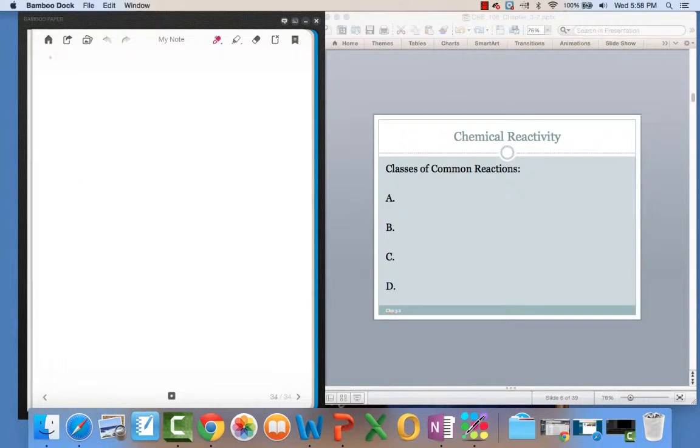Now, your book doesn't go into this in this unit, but I really think it's important as we start to do the math that we have a solid foundation. So A, B, C, D. I'm going to review 4 basic types of reactions. Combination, which you know as synthesis. Combination is just another word. Decomposition.